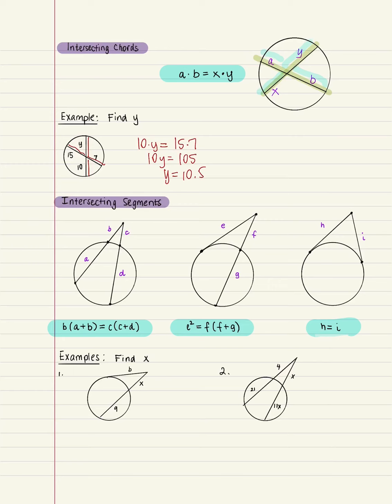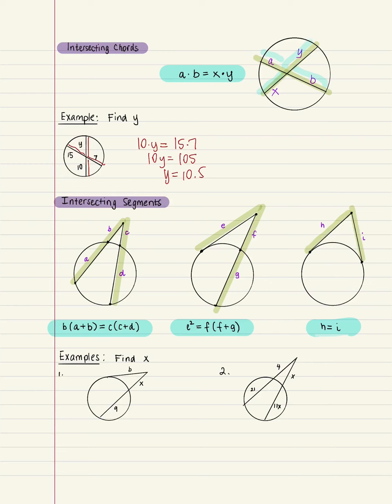Okay. Now, we can also have chords that intersect outside of a circle. Okay, so here we have two secant segments. Here we have a tangent and a secant, and we have two tangents.